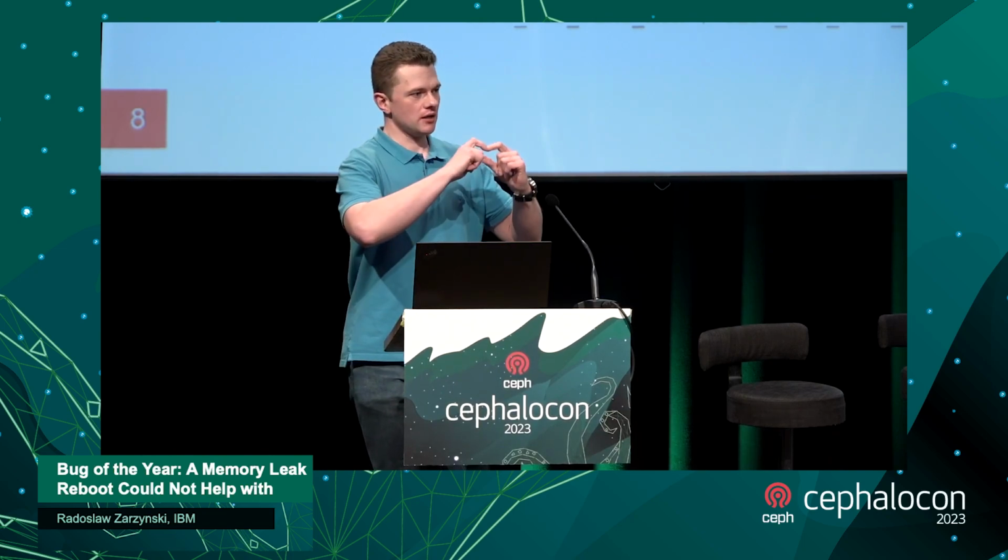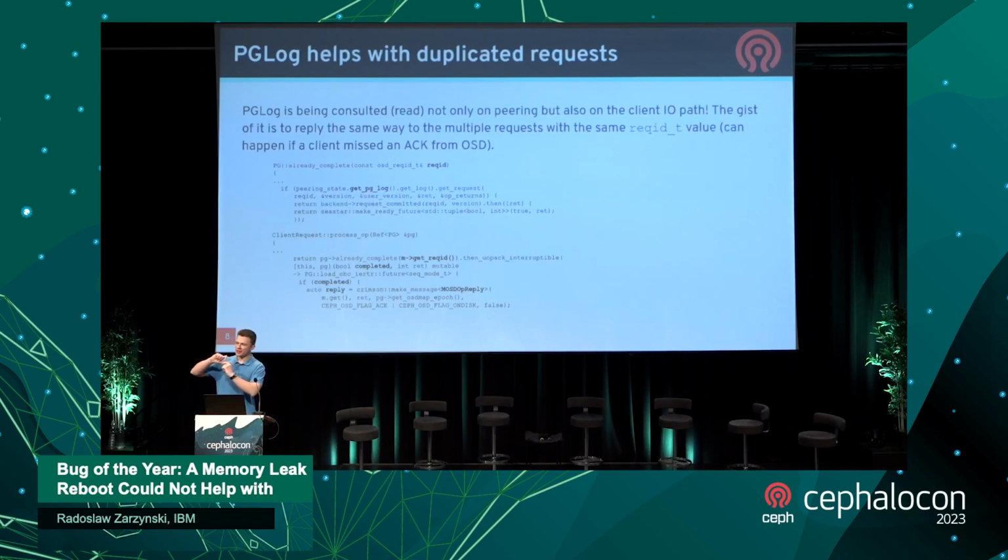So we don't want the client to see the vagaries of the network communication. That's the motivation behind checking in the PG log whether the operation with this particular ID is already finished or not.